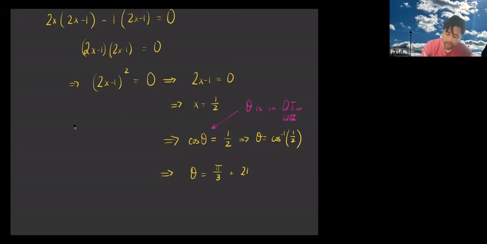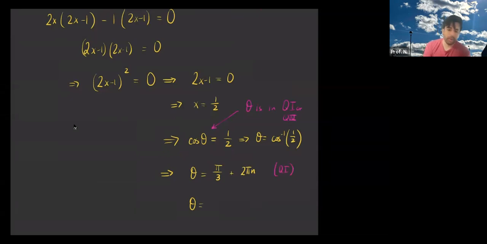I add 2 pi n, and that gives me all of the angles in quadrant 1. But I also have to be in quadrant 4. So what angle in quadrant 4 has a reference angle of pi over 3?